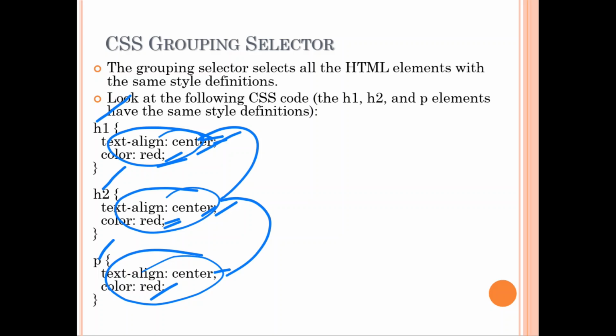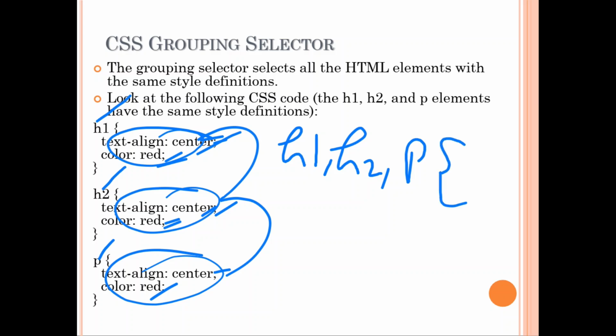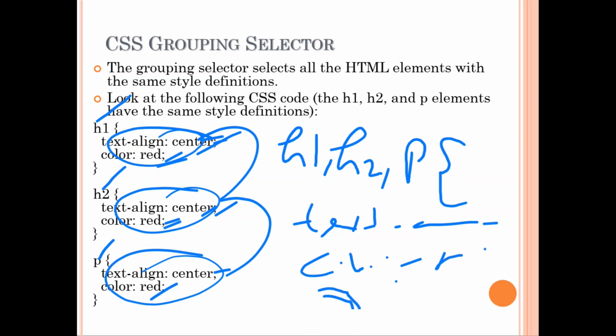Like if we have to use this, then we can use h1, and we can separate two or more selectors by a simple comma, h2 comma p, and all these properties are the same: text align center, color red. So this is a compact way.